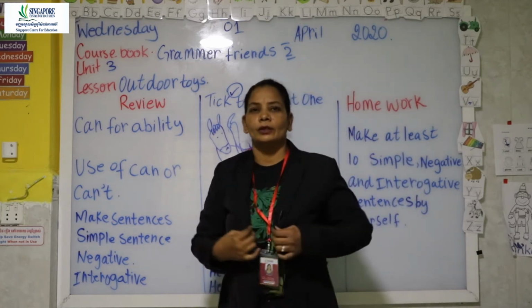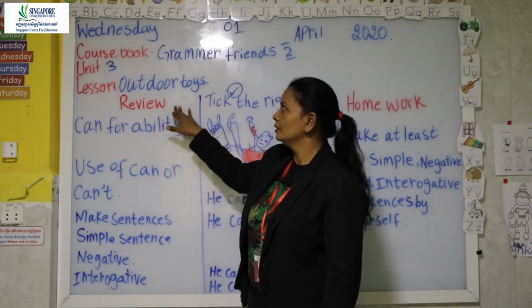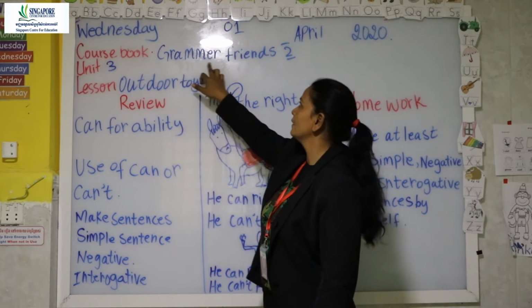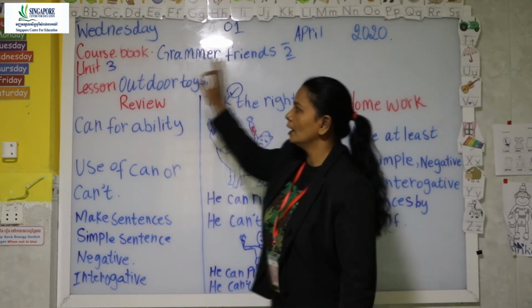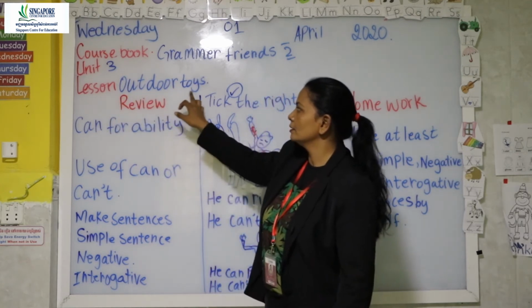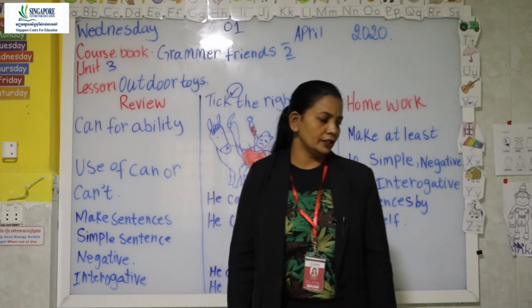Okay? So now we have a review. The course book is Grammar Friends 2, unit number 3, lesson outdoor toys. The page number is 16.